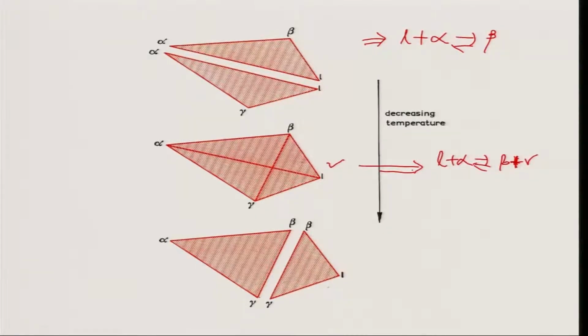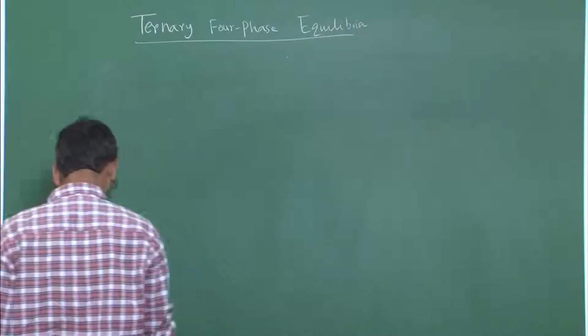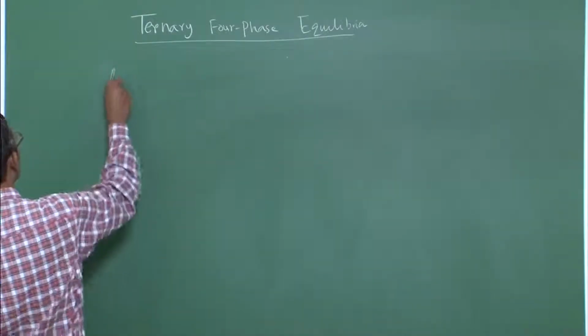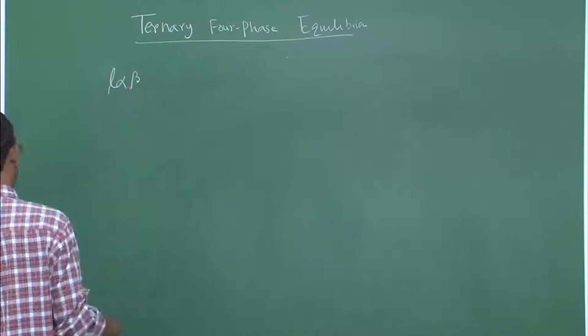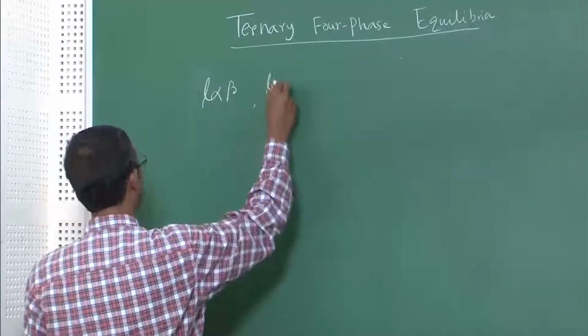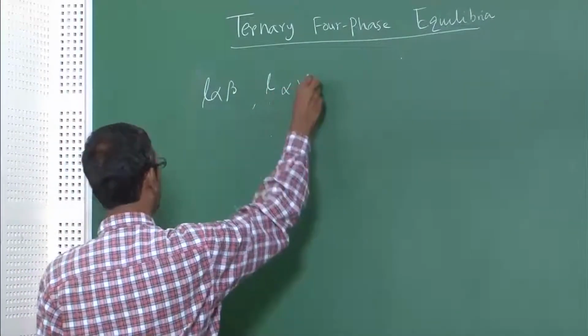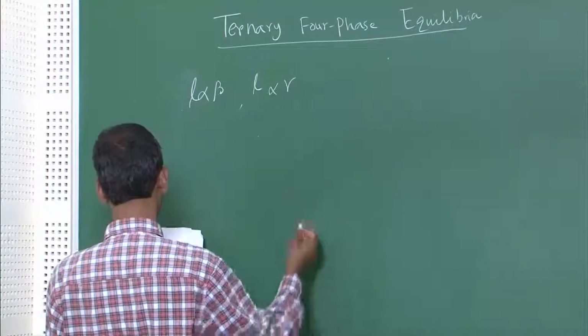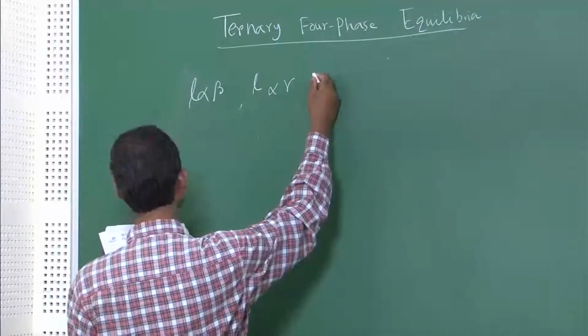Now, let us look at how we can draw that. Well, that is not very difficult to do. Let me try and draw it and show you. The first type we are considering is, let us say, liquid, alpha, beta and liquid, alpha, gamma are peritectic type.